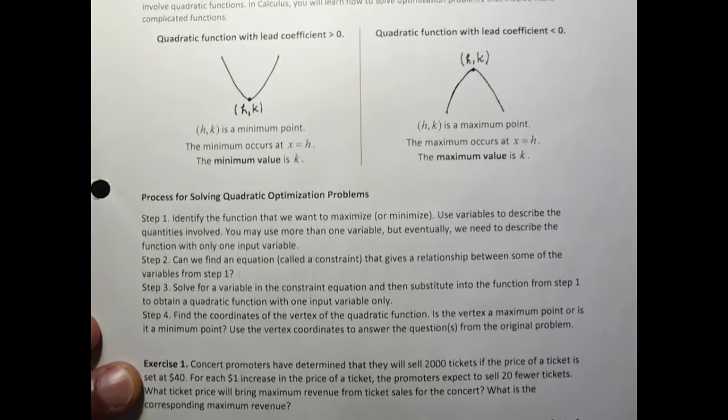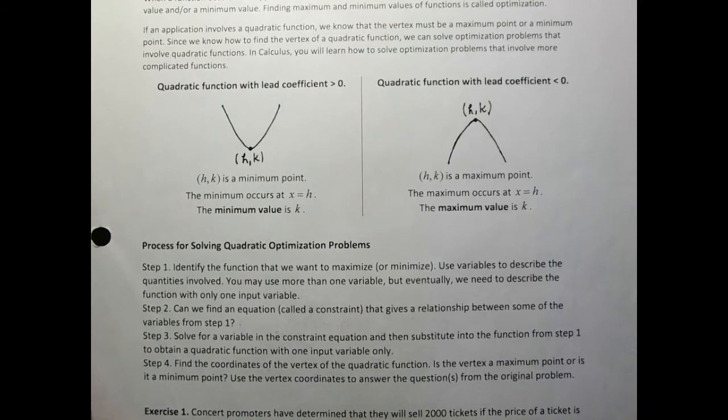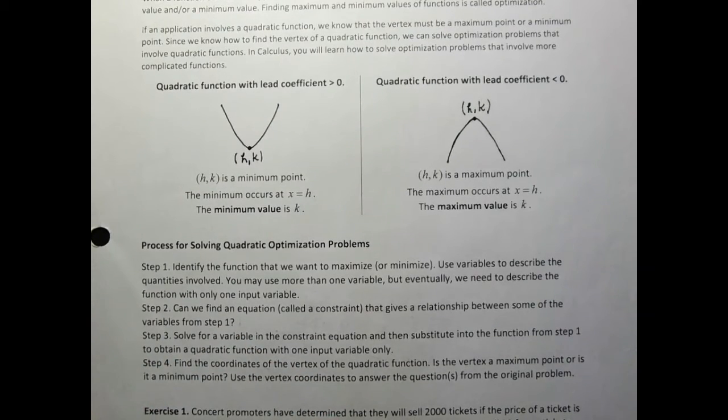So we're going to apply a process that I wrote out into 4 steps here, and you can use these 4 steps to help you set up these problems. As I go through the 2 exercises, I'm going to go through these 4 steps in each case. So let's read them over now before we go ahead and do the problems.